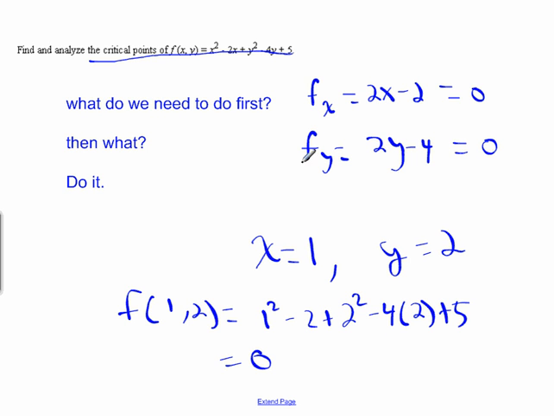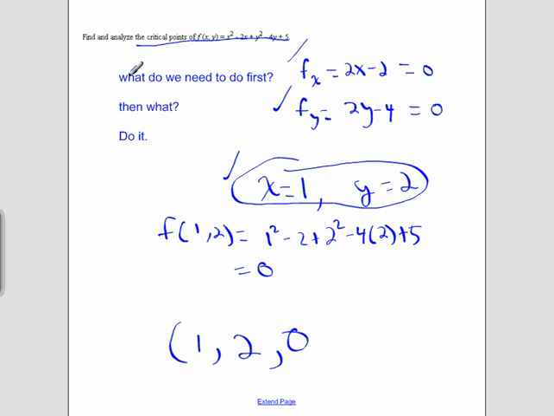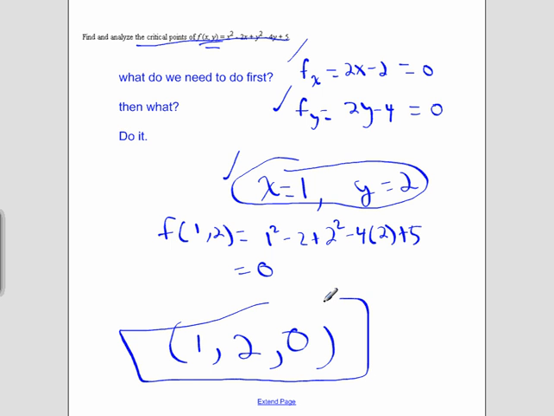So my critical point, therefore, is when x is 1, because that makes my partial with respect to x 0. When y equals 2, because that makes this 0. And when z equals 0, because I got that from plugging my known points into my function. So here is my critical point. Right now, we can't confirm whether it's a max or a min, but we found the critical point. We will learn later how to identify max or min.